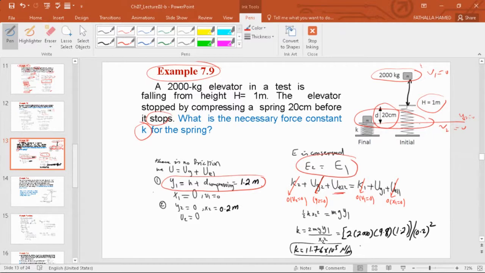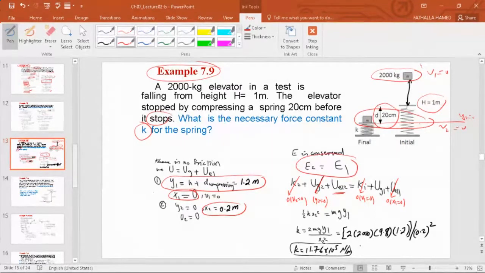But for the spring, you'll still have to use x. The first x is 0, and the compression is 20 centimeters, which translates into 0.2 meters. So now your K2 is gone. Your gravitational potential energy is 0 because you set y2 equal to 0. Your elastic potential energy 2 is equal to 1/2 kx2 squared because it's compressed.